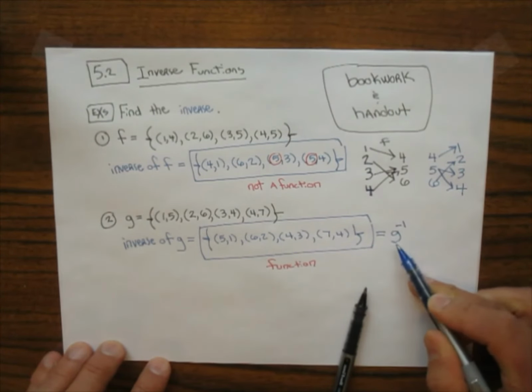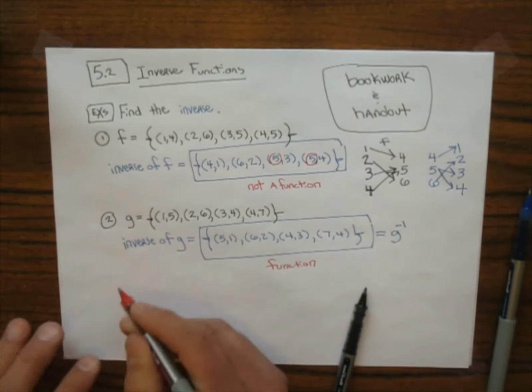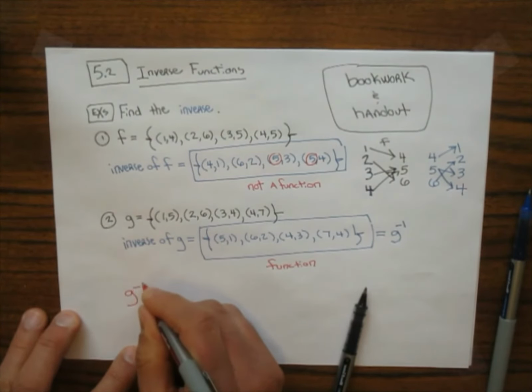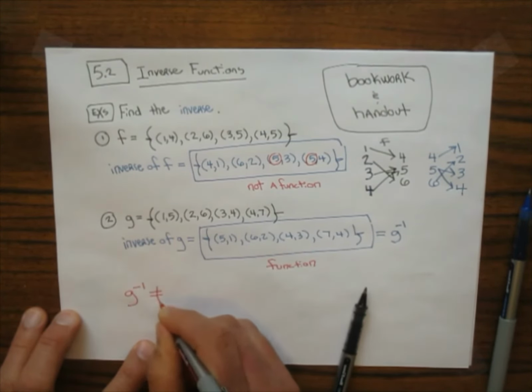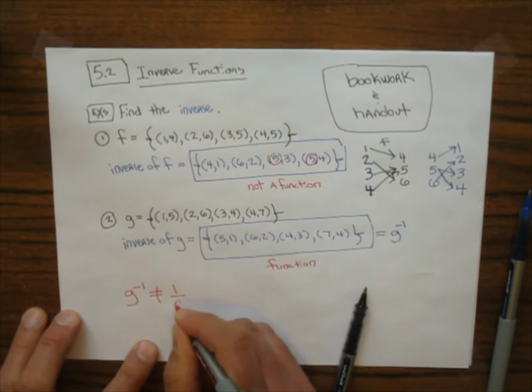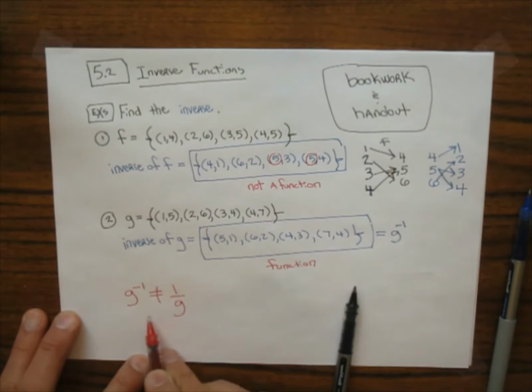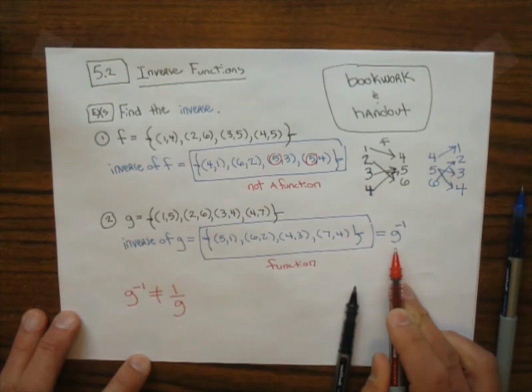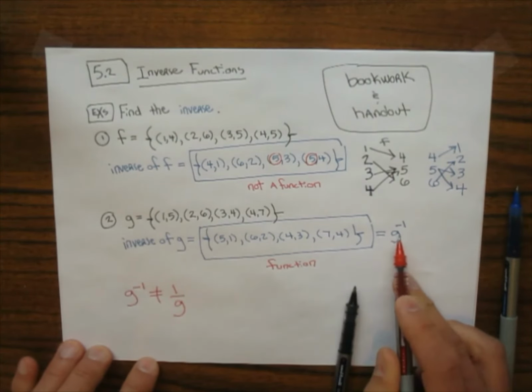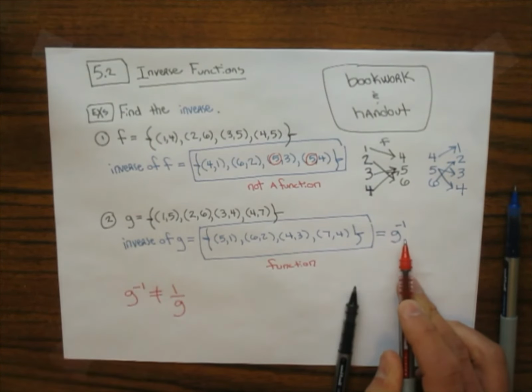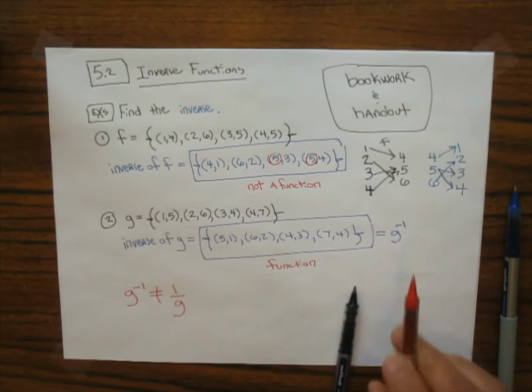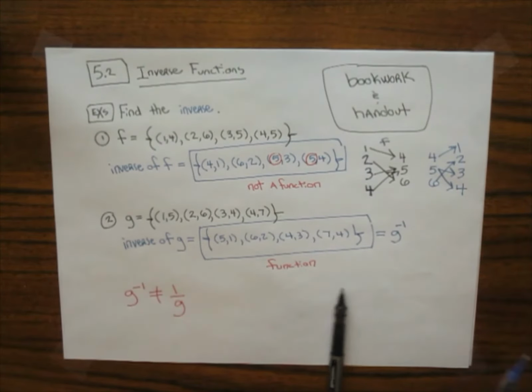So we just call this g inverse. This notation right here does not mean go 1 over g. So we don't want to write that. This is just notation. It may have been better if they had used a star or something else, but they used what they used.